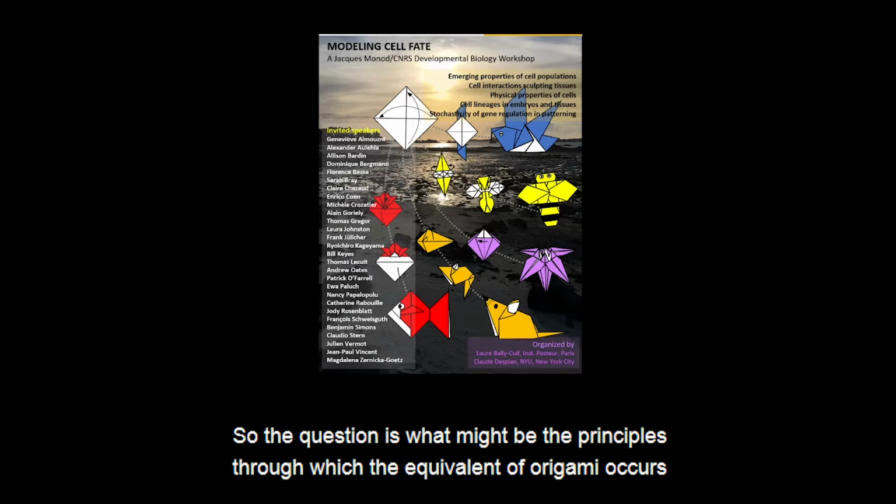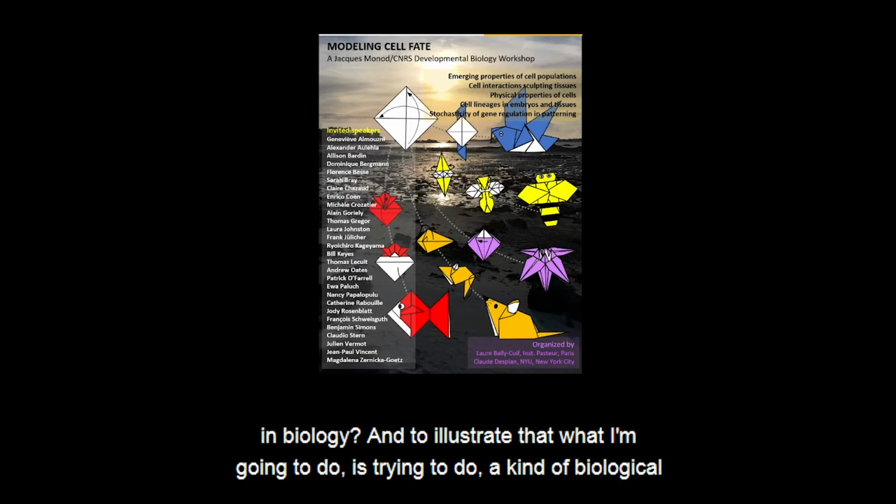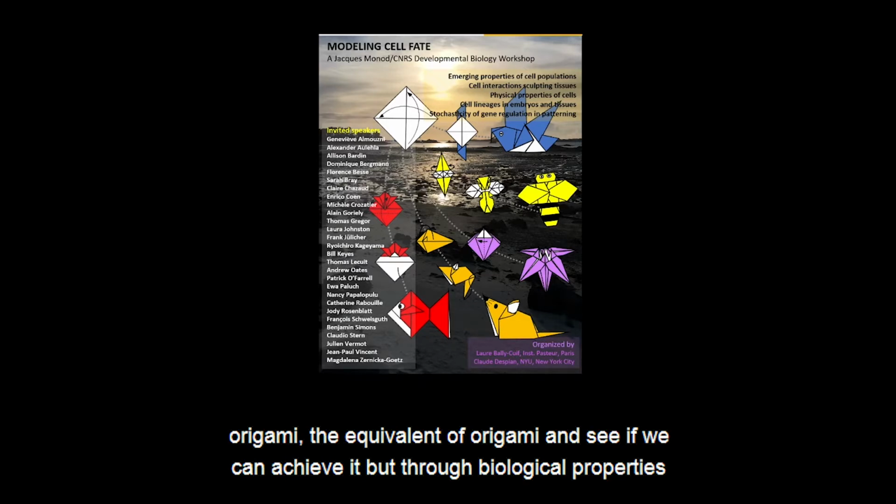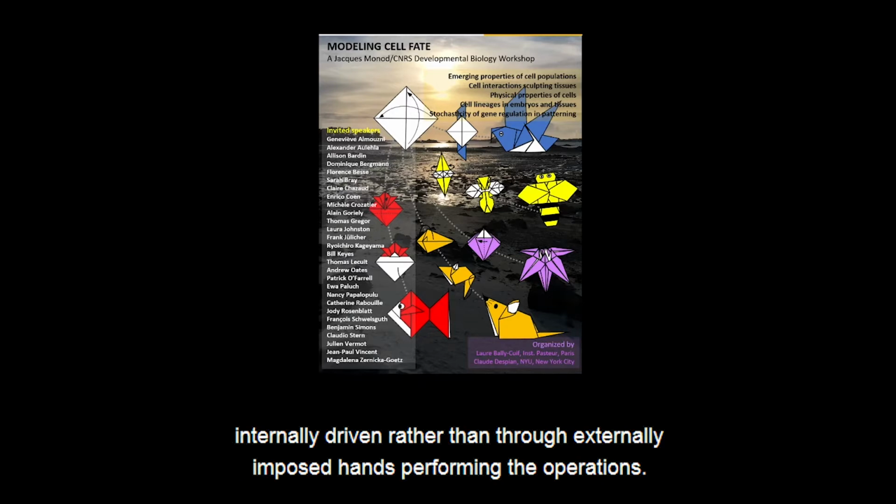And so the question is, what might be the principles through which the equivalent of origami occurs in biology?